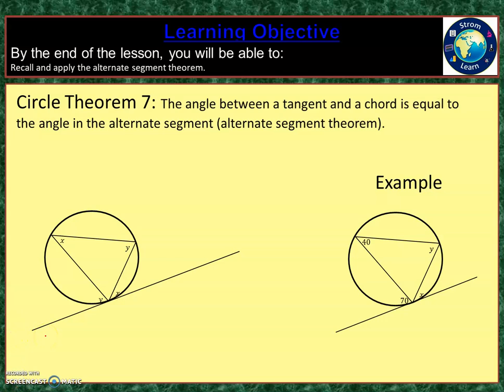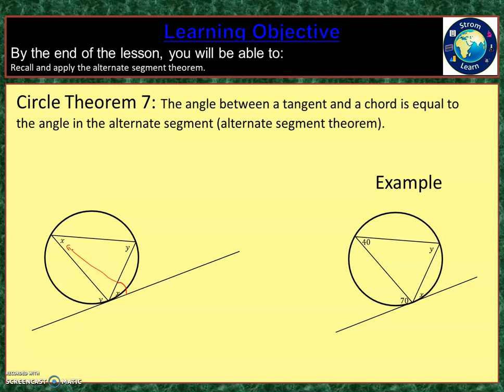So the angle between a tangent and a chord. So for instance, here's a tangent and here's a chord, is equal to the angle in the alternate segment. So if I look at the opposite segment where I've drawn in, I'm looking at the angle in the opposite segment.